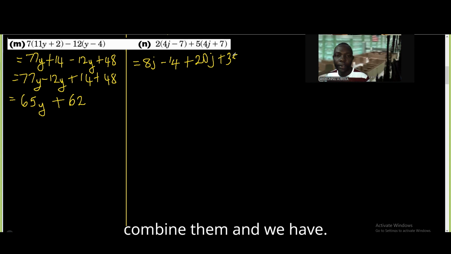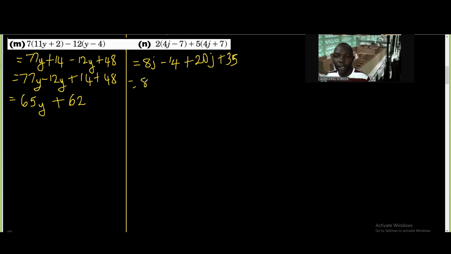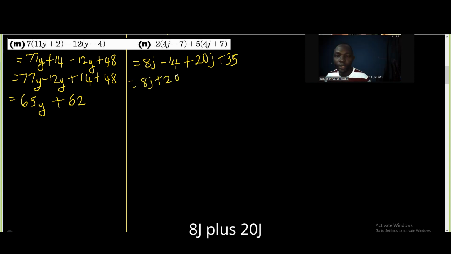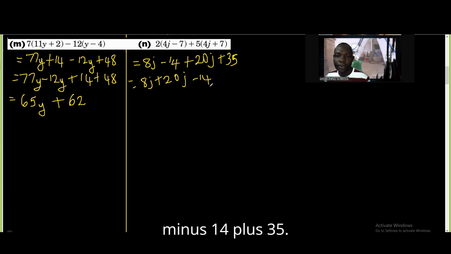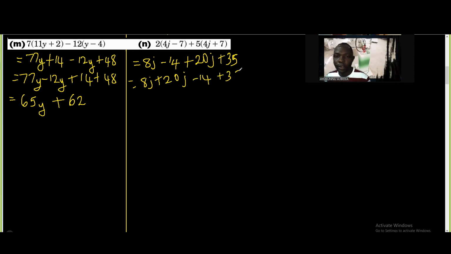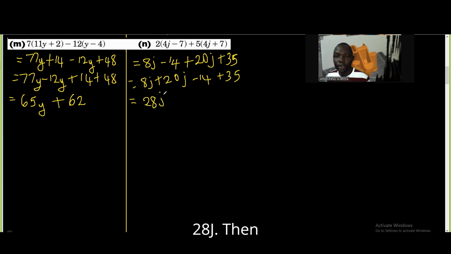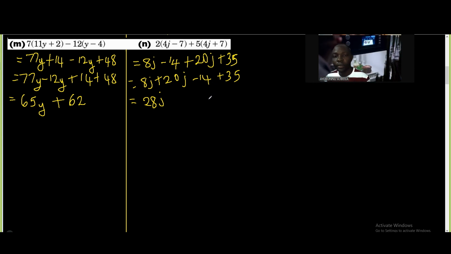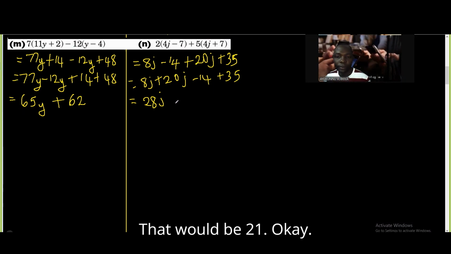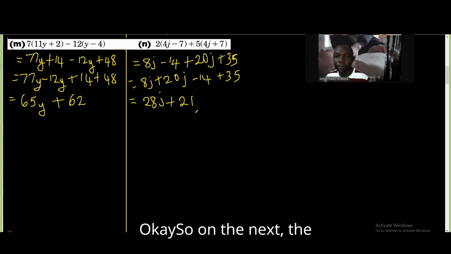So we combine them and we have 8j plus 20j minus 14 plus 35. So 8 plus 20 is 28j. Then take 14 away from 35. What do you have? That'll be 21. Okay.